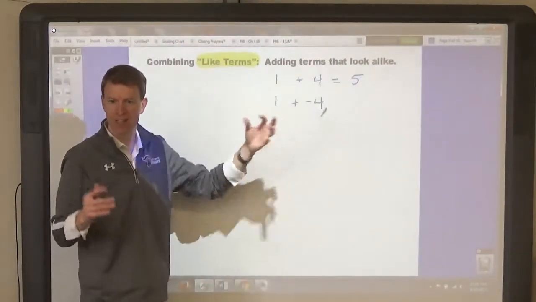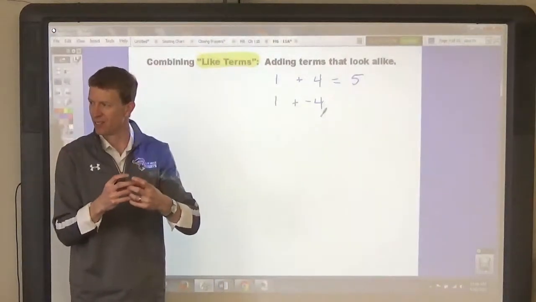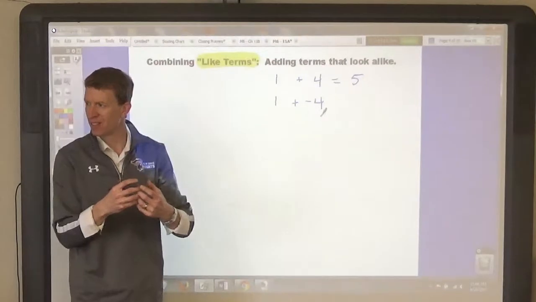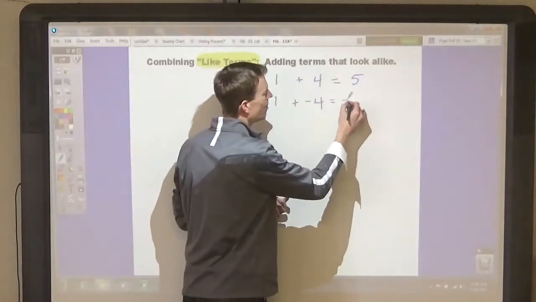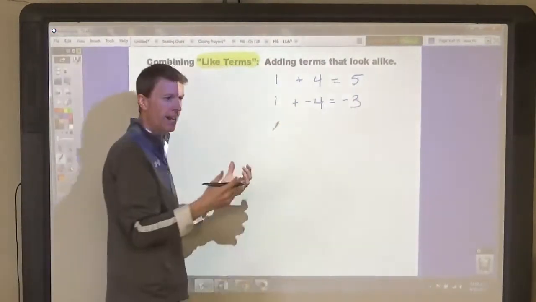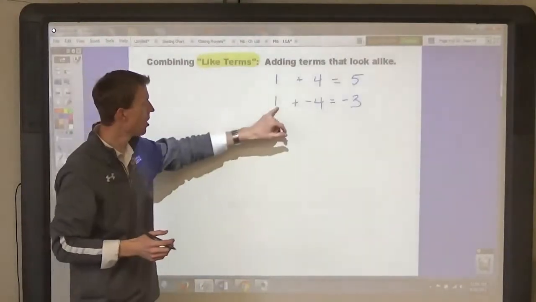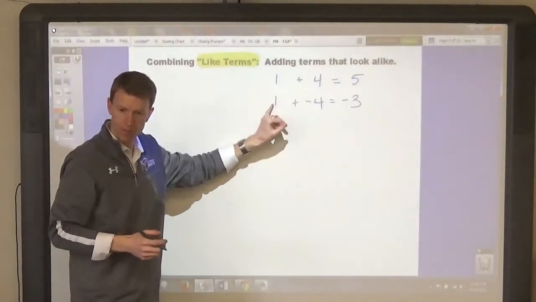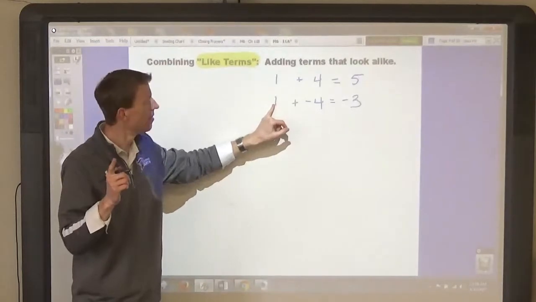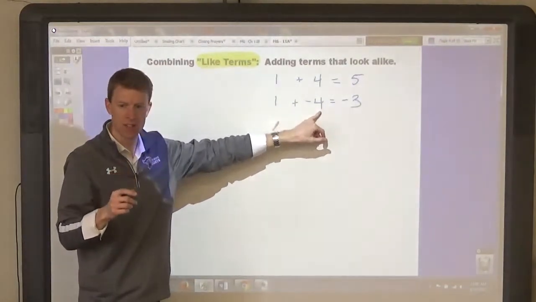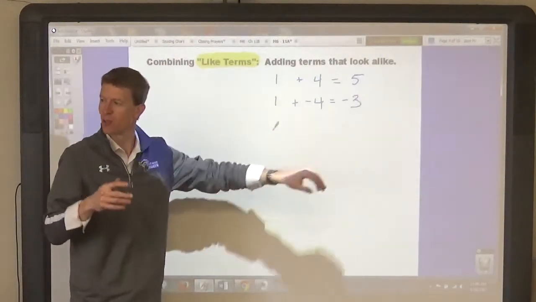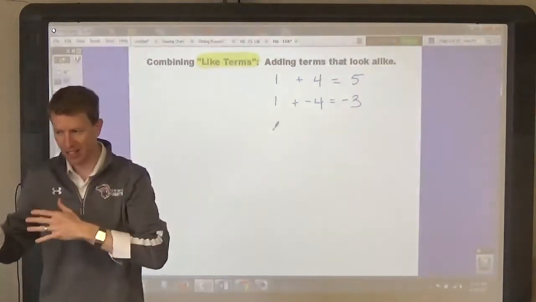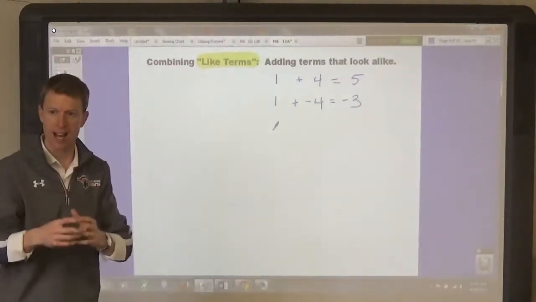Positive 1 and negative 4. Negative 3. And these are like terms. We can add those because these are talking about ones. 1 plus negative 4 ones. Remember when we did those models and we crossed out and things like that? We were practicing adding like terms.